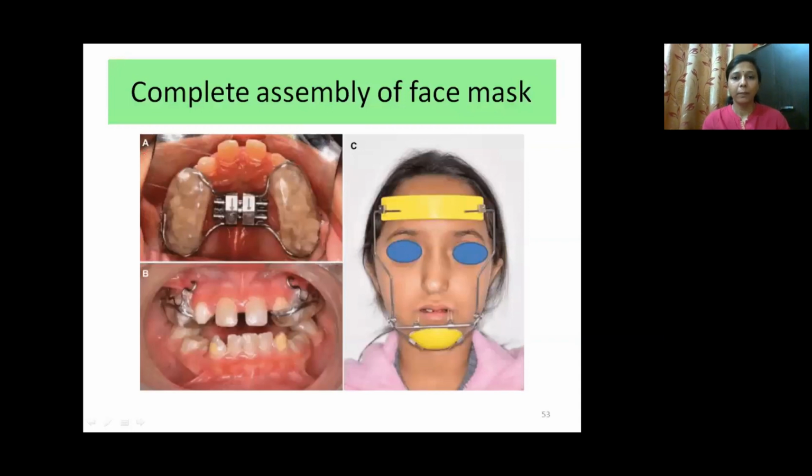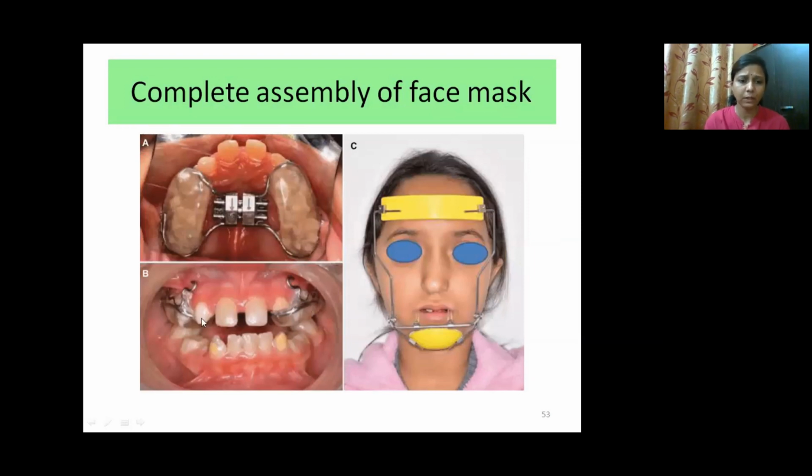So this is a complete assembly of the face mask, which shows the acrylic splint over the teeth, making a unit of all the teeth and the RME screw, and this is the buccal framework where a hook is made to engage the elastics, which will finally engage the elastics from the face mask assembly from the outside of the face.